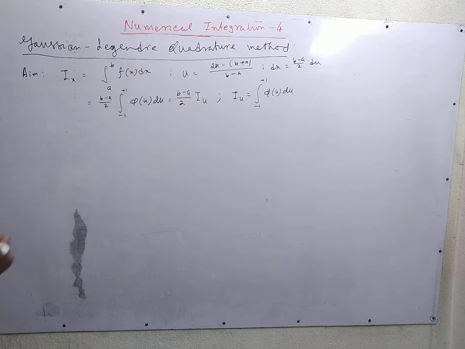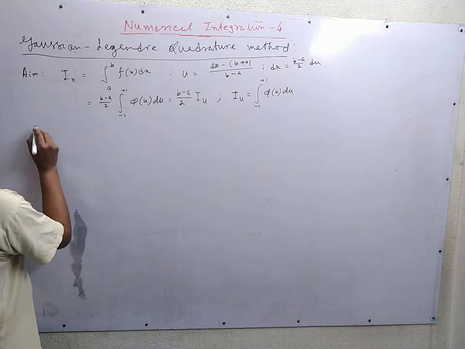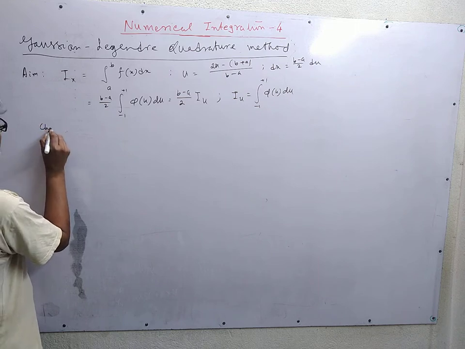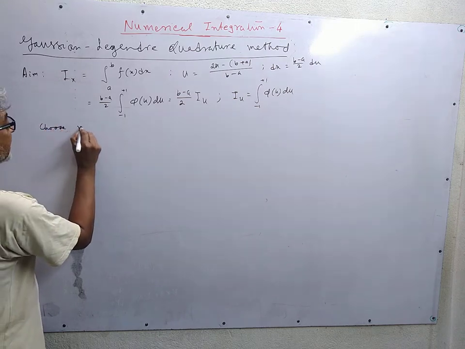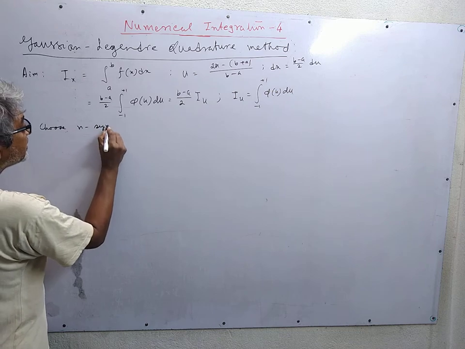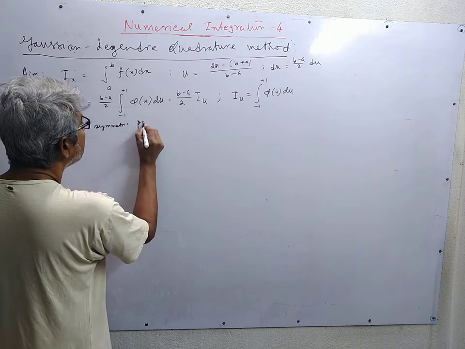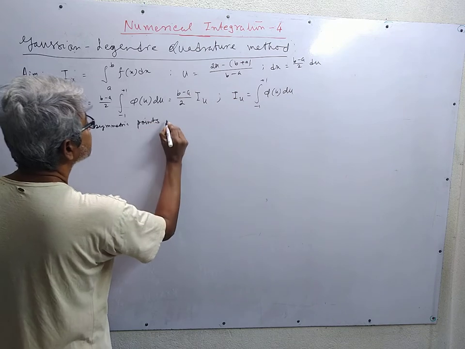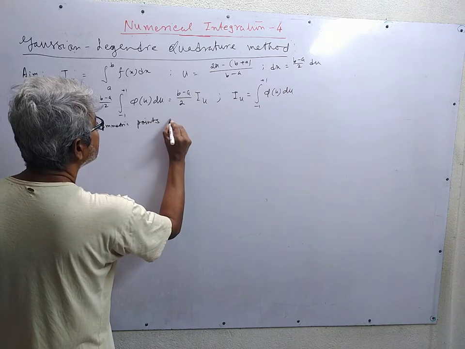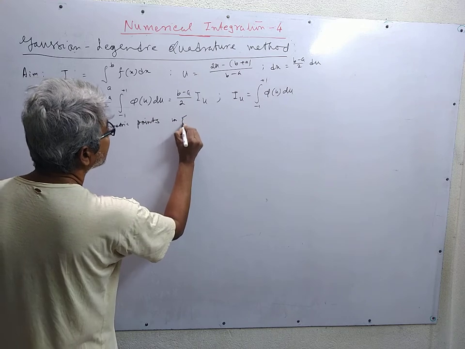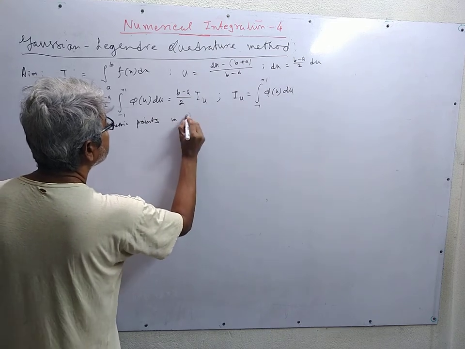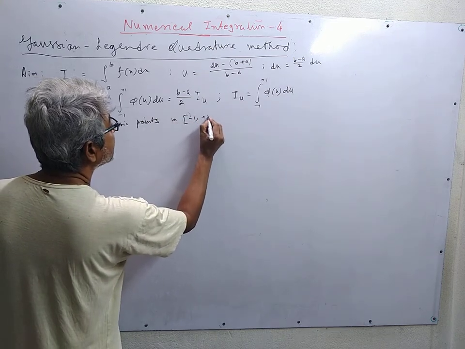As per Gauss, if we choose n symmetric points in the interval minus 1 to plus 1.